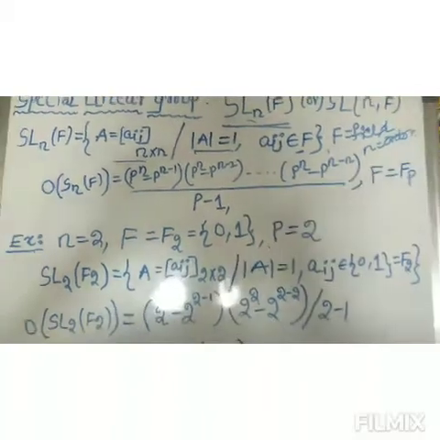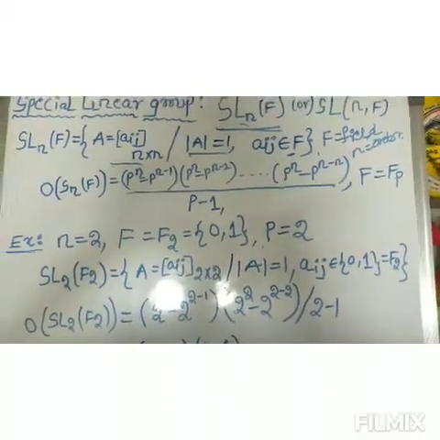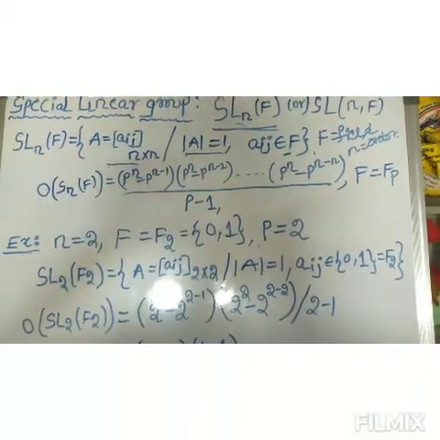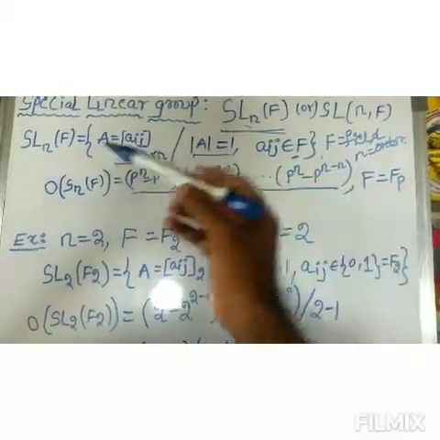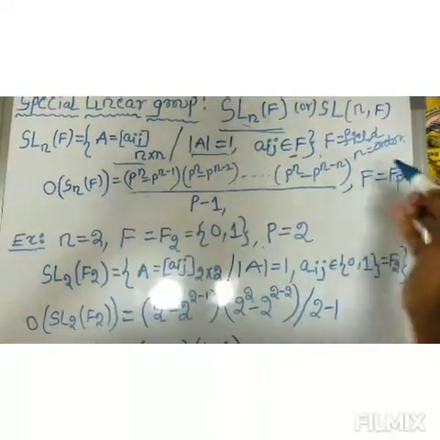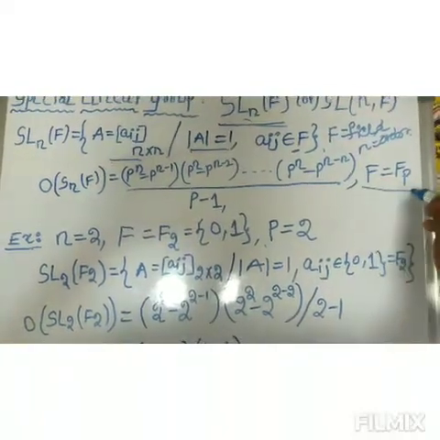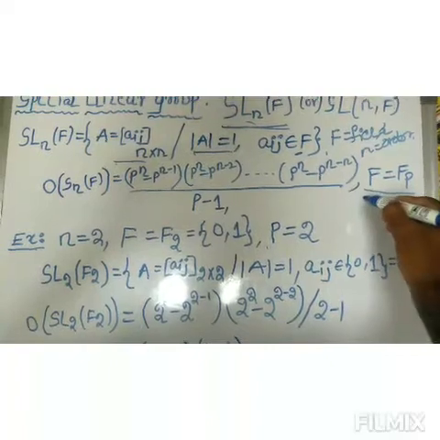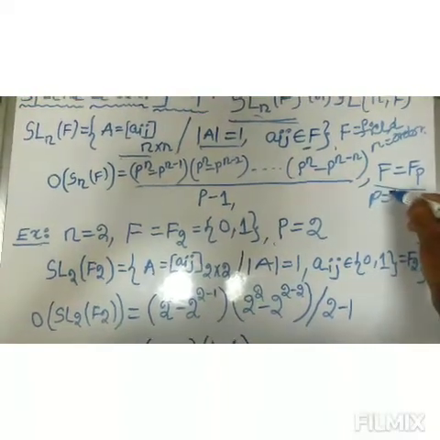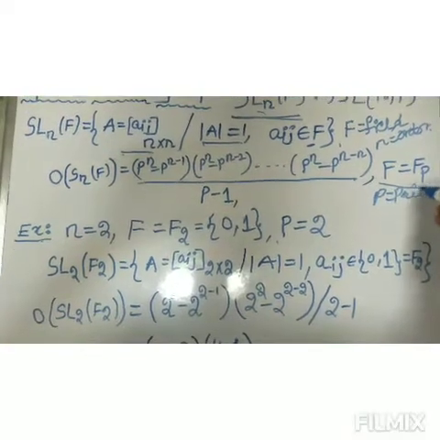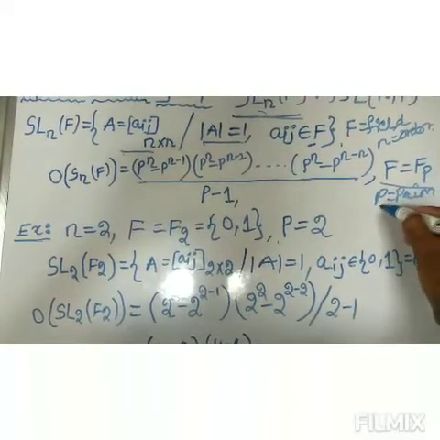In competitive exams, what is the order of this group? In the particular case F is equal to F_p, where F_p is a field and p is any prime number.